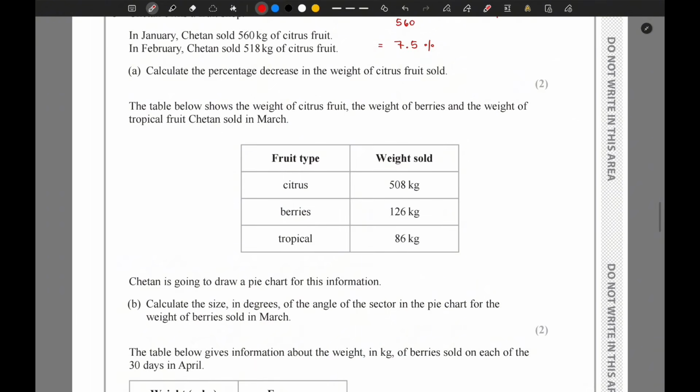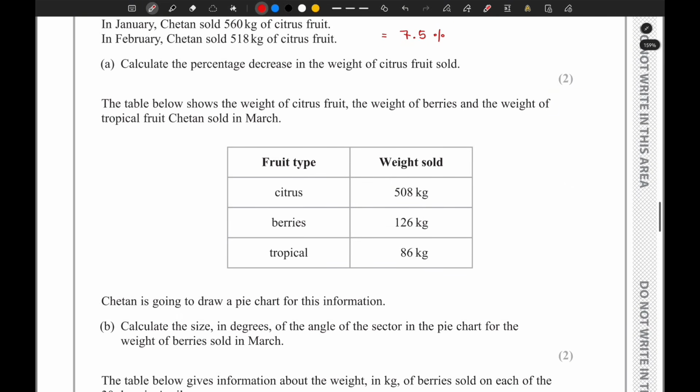The table below shows the weight of citrus fruit, the weight of berries, and the weight of tropical fruit Chetan sold in March. Chetan is going to draw a pie chart for this information. Calculate the size of the angle of the sector in the pie chart for the weight of berries sold in March. Okay, so let's calculate the total weight.